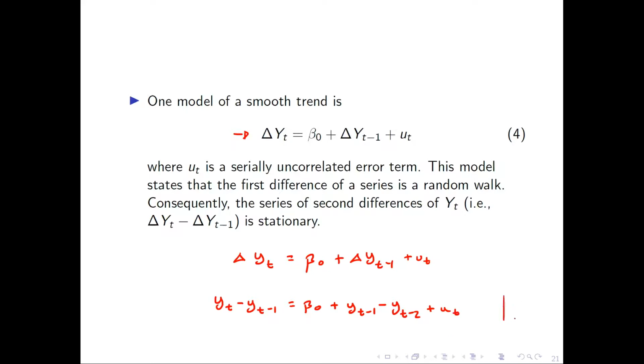So here we can just add yt minus 1 to each side, and we are left with yt on one side and the intercept plus 2yt minus 1 minus yt minus 2 plus the error term.